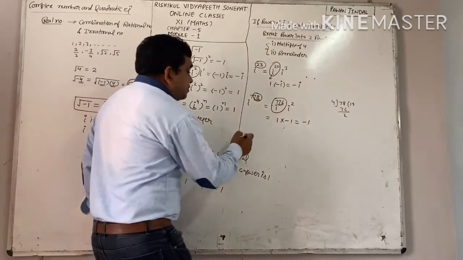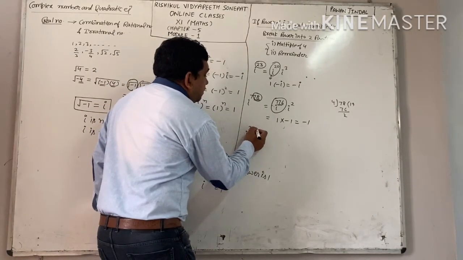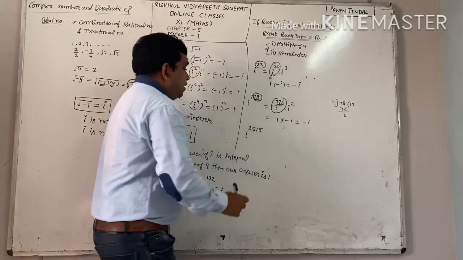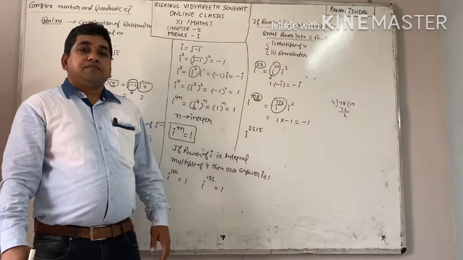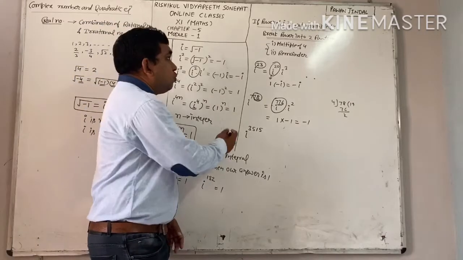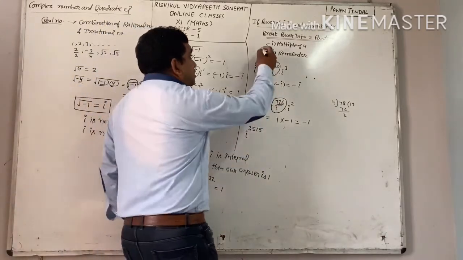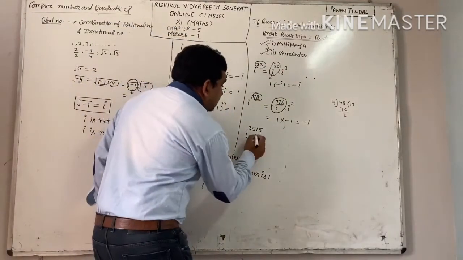See one more. Iota raised to power 3515. I want to find out the value of this. The method is the same. We will break this power into two parts: one part is a multiple of 4 and the second is the remainder. First of all, we are talking about the remainder.